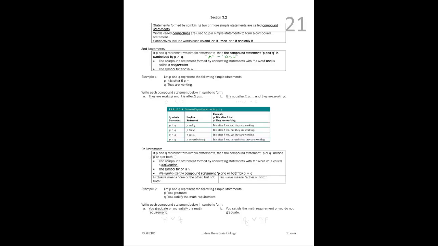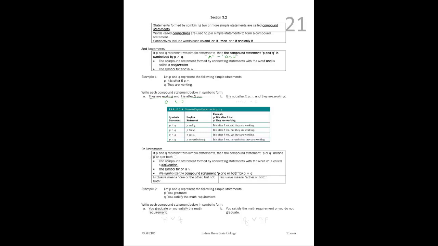Letter A. They are working and it is after 5 p.m. How do we write this out using the symbols? They are working. Which letter represents they are working? Q. And it is after 5 p.m. There we go.